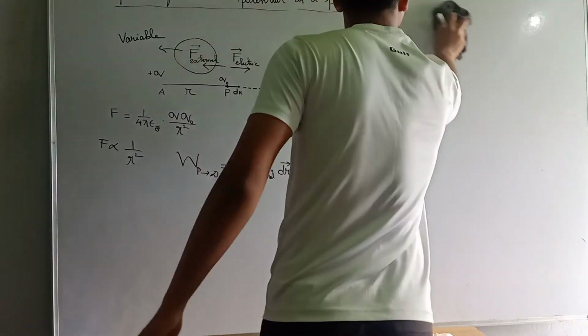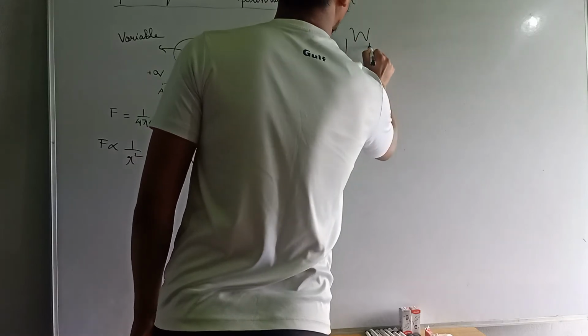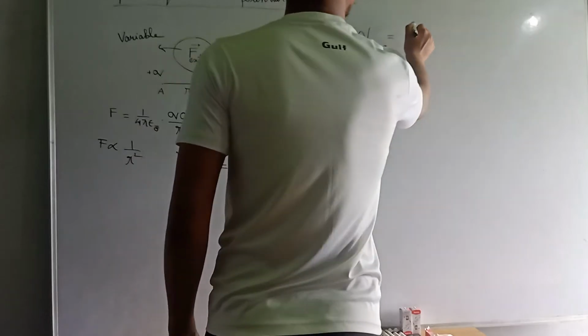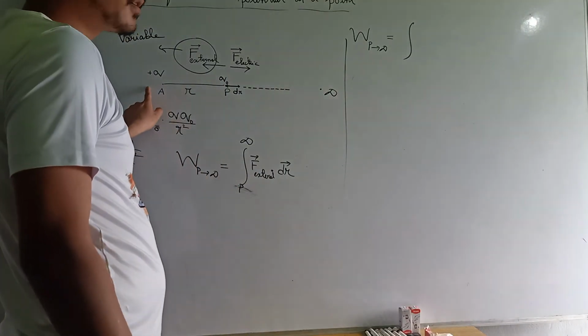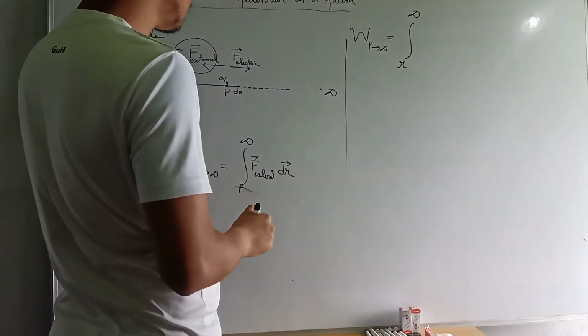So I'm going to do the same. Work done in taking the body from P to infinity will be equal to the integral from r to infinity, where r is the distance of point P from the charge.